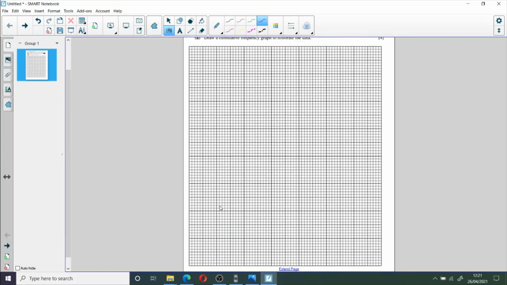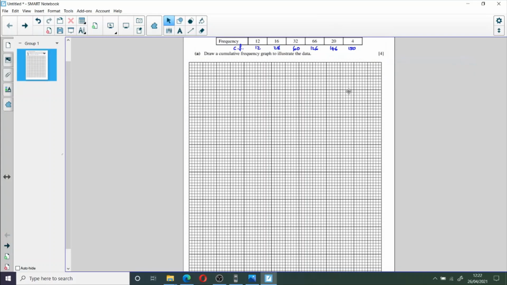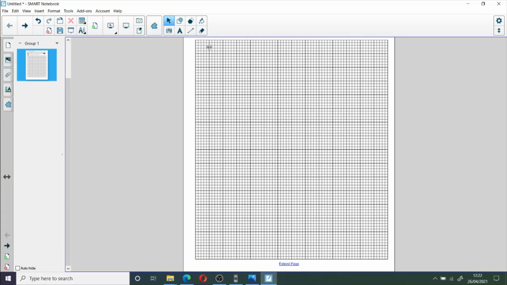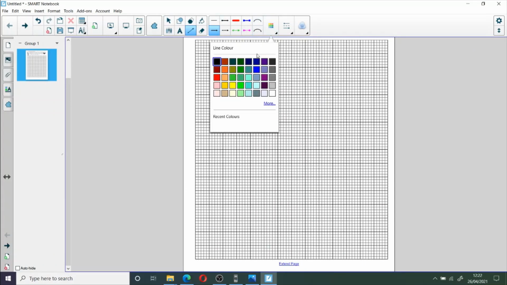So we want this to go up to 150, 10, 20, 30, 40, 50. So it looks like we may, what should we do? 60, 80, 100. It's a slightly awkward scale that they've given us here. If we use the very edge of the paper, which I don't always really like doing, we can just about make it work.